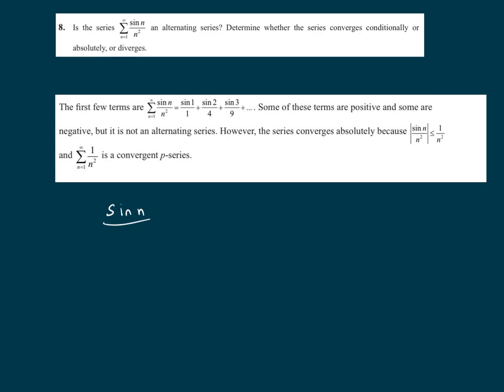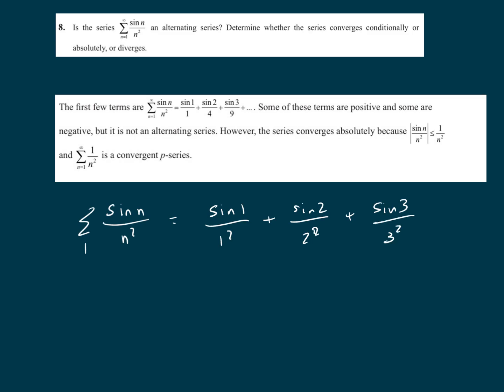Let's do a few terms. Summation, n starting at 1. So it will be sine of 1 divided by 1 squared plus sine of 2 divided by 2 squared plus sine of 3 divided by 3 squared.